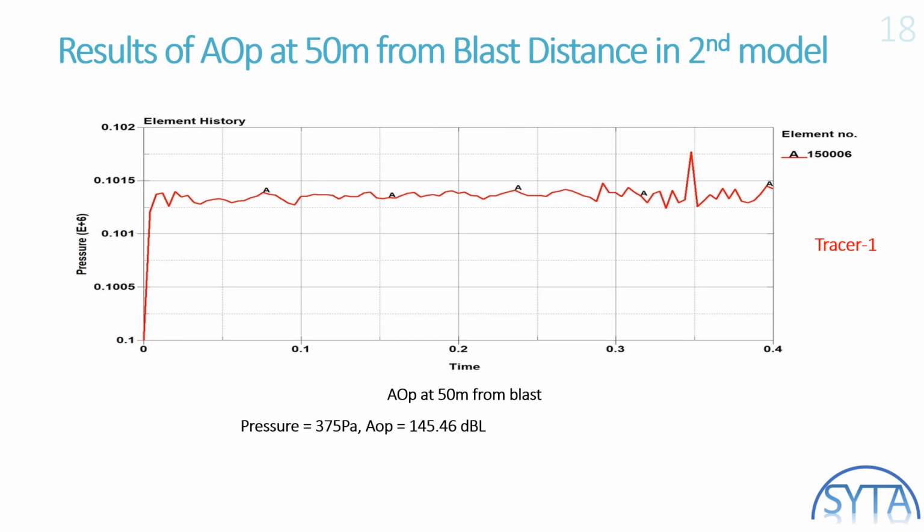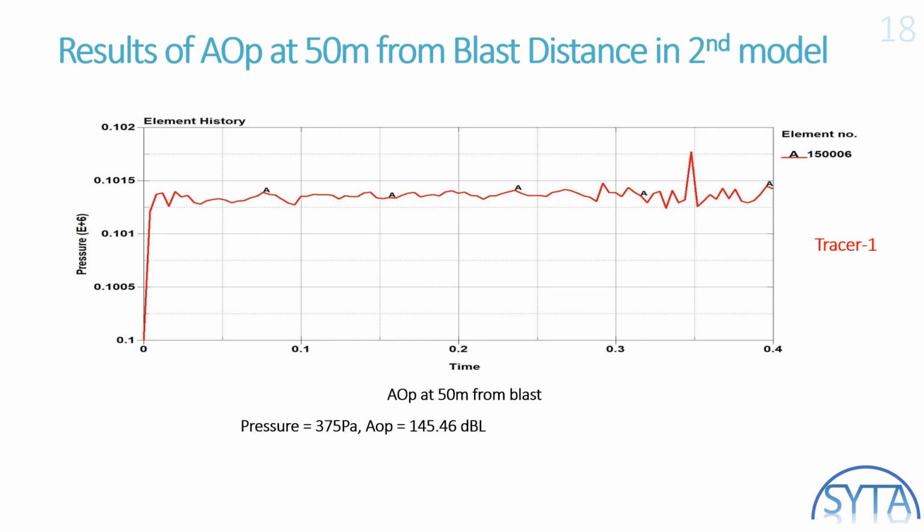In model 2, the result shows the air pressure at 50 meters from the blast distance. In model 2, tracer point 1, the difference between the measured pressure and the atmospheric pressure is 375 Pascal.